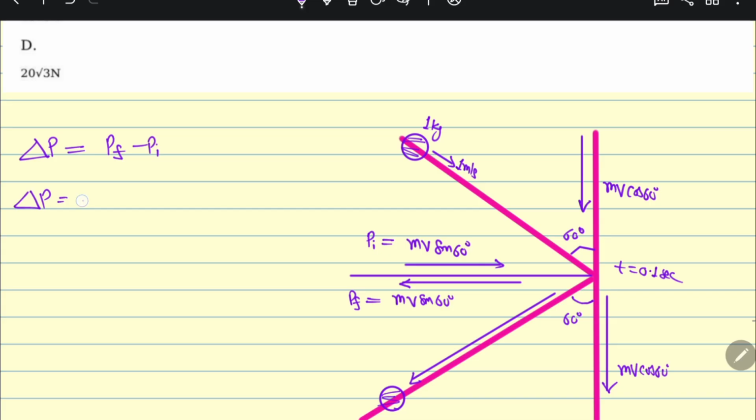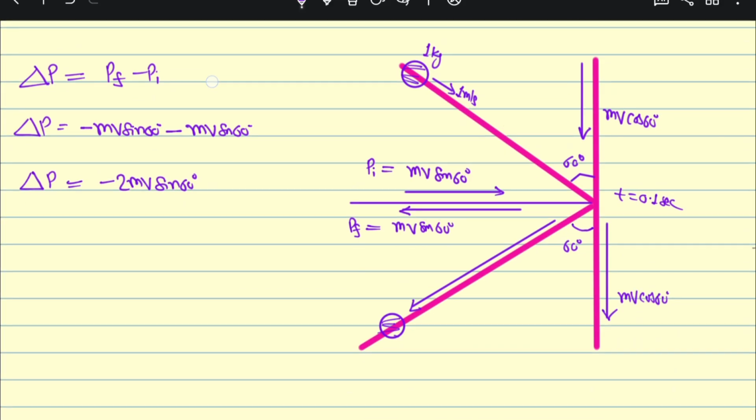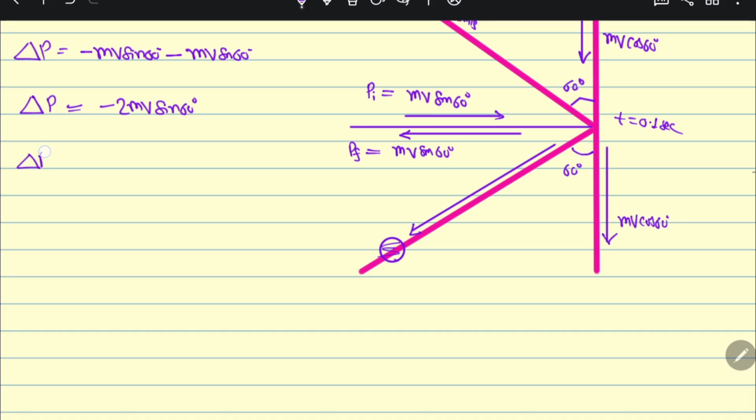So p final is minus mv sin 60 degree minus mv sin 60 degree, which comes out to be minus 2mv sin 60 degree. Here the mass is given as 1 kg and the velocity is also 1. So the change in momentum is minus 2 times 1 times 1 times sin 60, root 3 by 2, so the change in momentum is minus root 3.